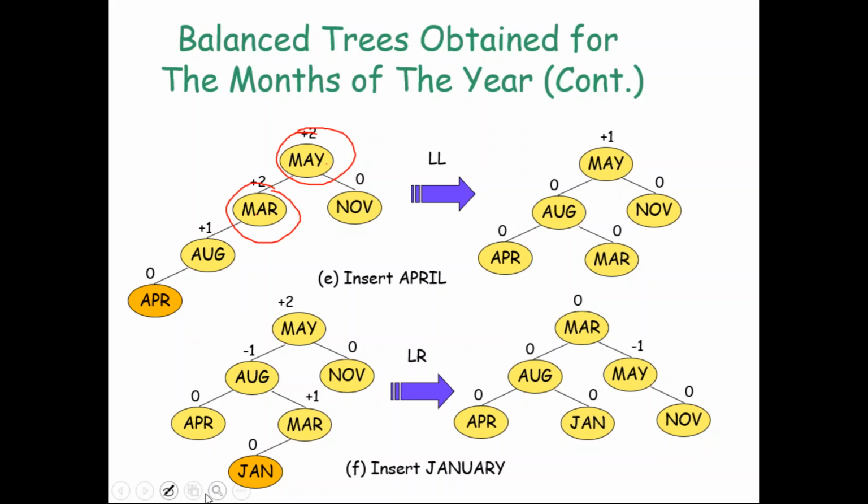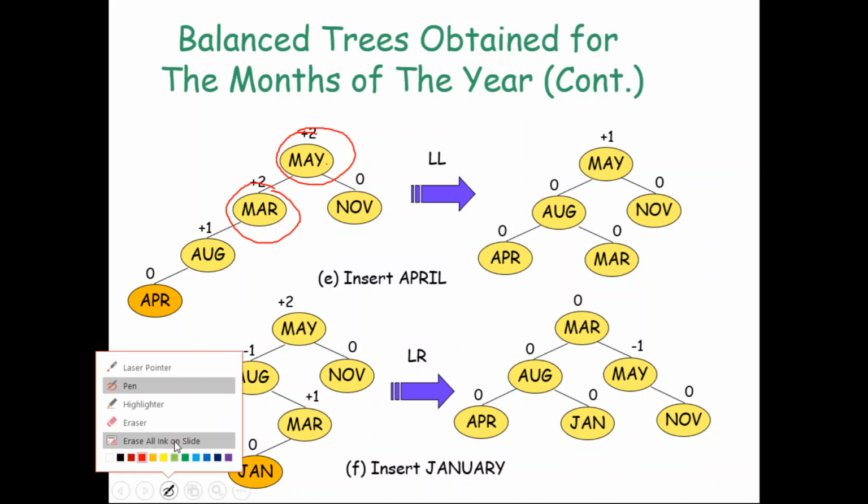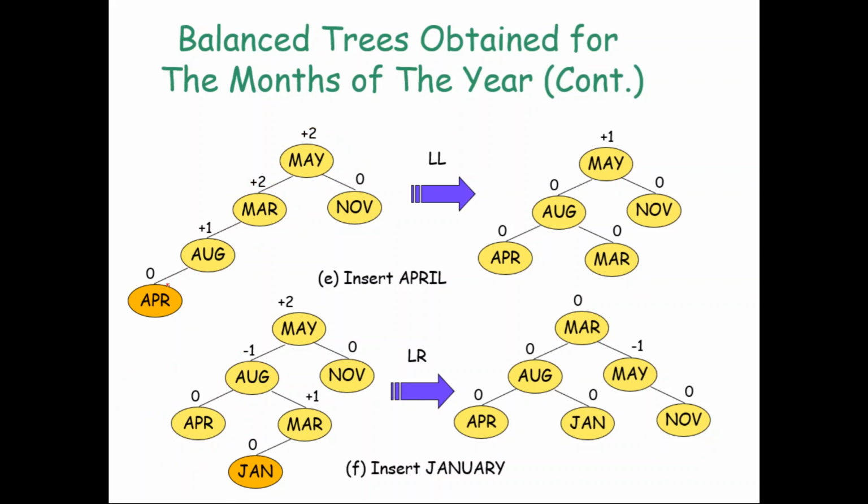Whichever node where the unbalance is created is closer to the newly added node, that you have to take as the reference. The newly added node is April, and March is closer to April compared to May. So first we will deal with the node March only.